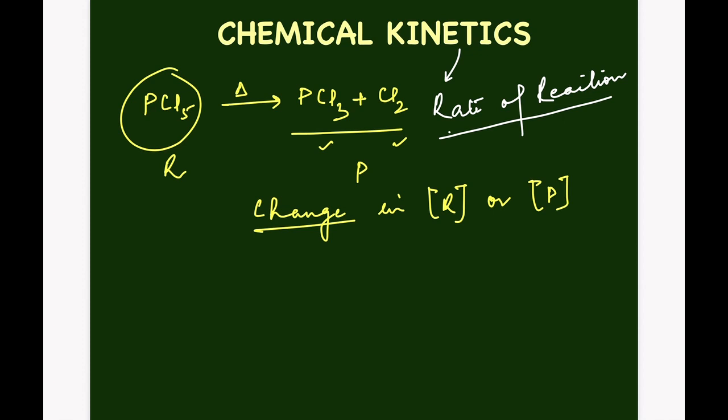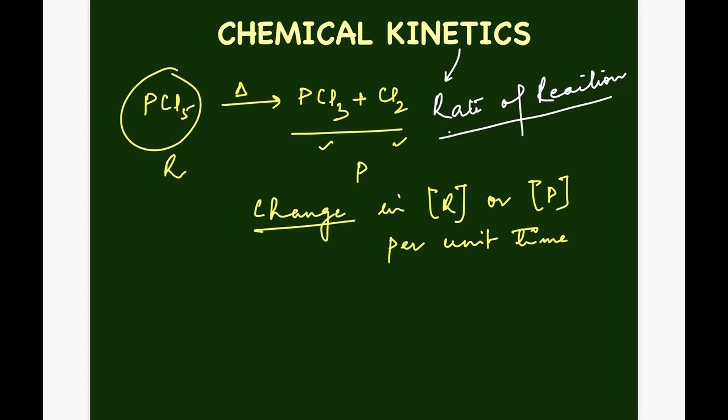So this is how we define rate of a reaction. That is, change in concentration of any one of the reactants we are taking or any one of the products we are getting per unit time. This is how we define rate of a reaction.